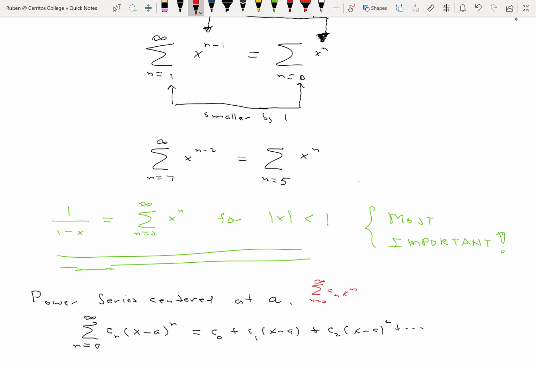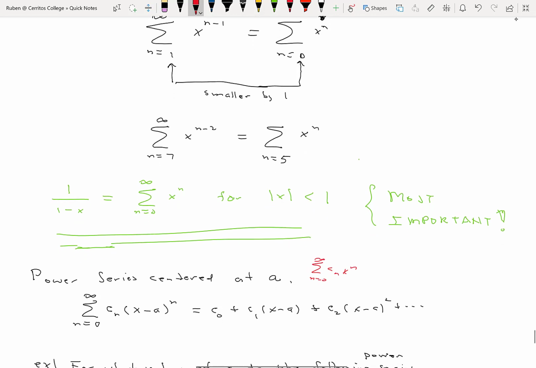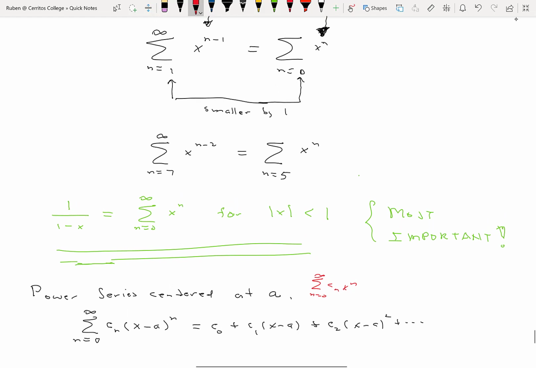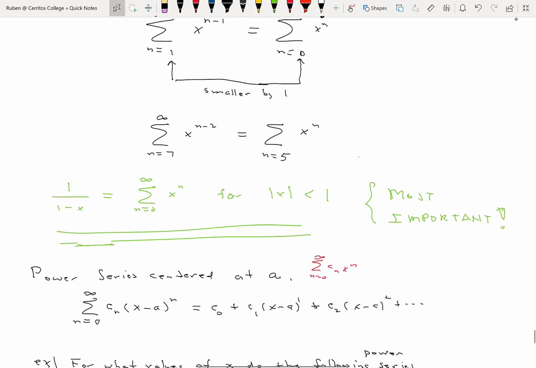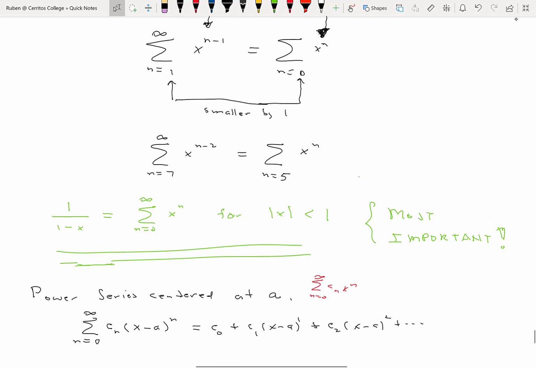So our power series, if you write it out, still looks like powers, but instead of powers of x, it's powers of x minus a. So when n equals 0, I get a constant. n equals 1, I get c1 times x minus a to the first, and then plus c2 times x minus a squared, etc. So for us, the power series we most often consider are going to be centered at 0.